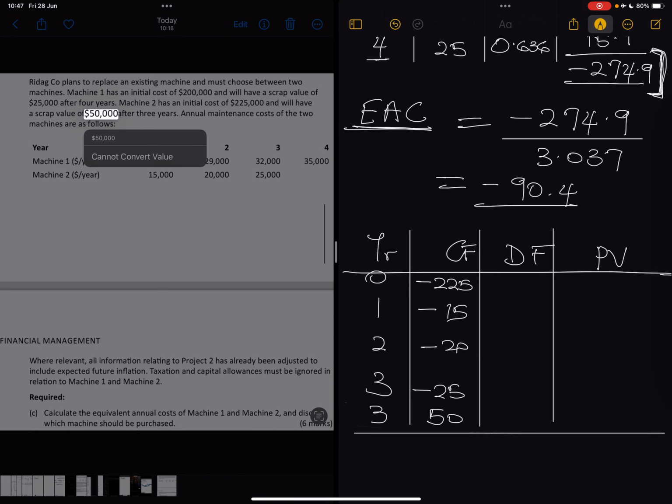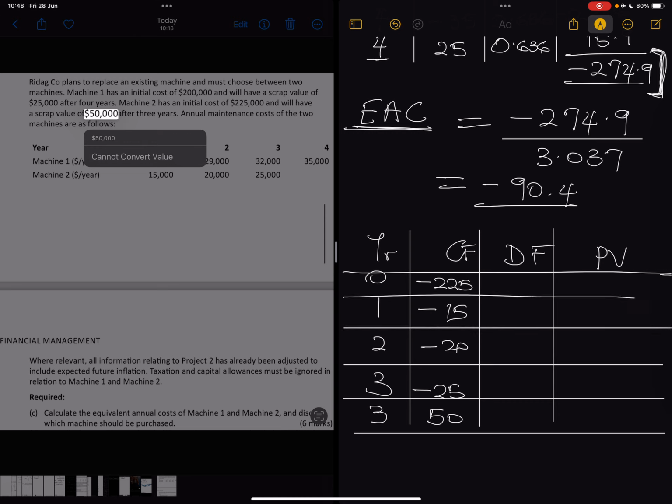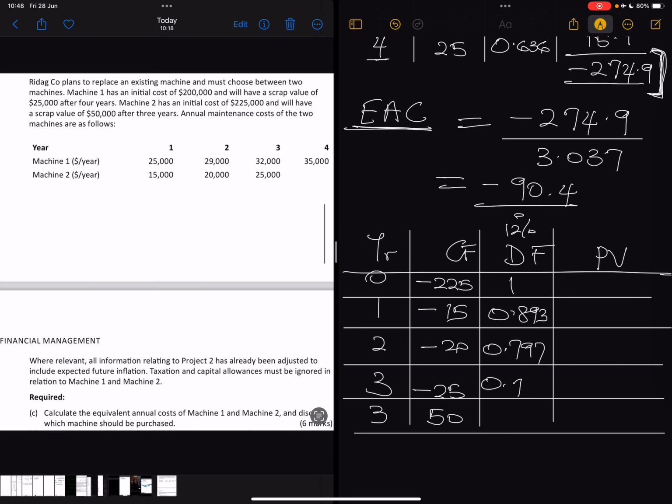Are we not lucky to have such a huge residual value after 3 years of usage? The discount factor remains 1 here, still at 12%. The same discount factors we used up there are what we're still using, 0.893, because it's the same percentage cost of capital. So 0.797, 0.712, and 0.712 as well, because it's the same 3 years.